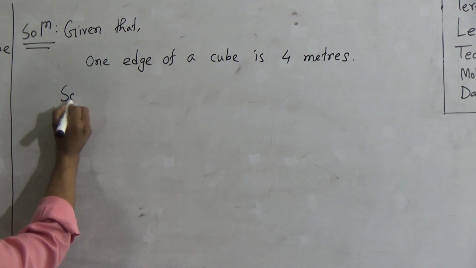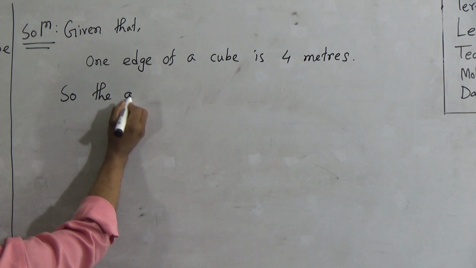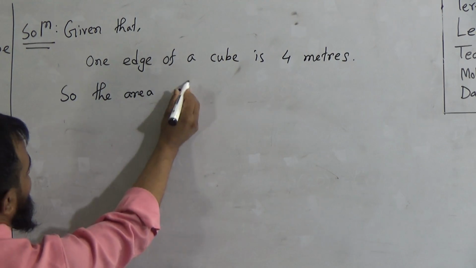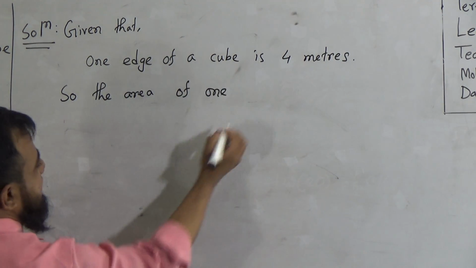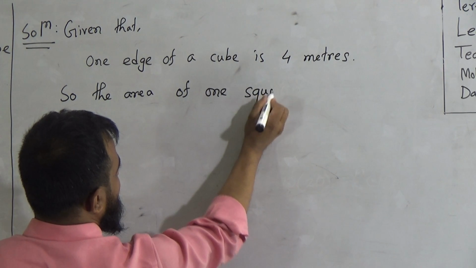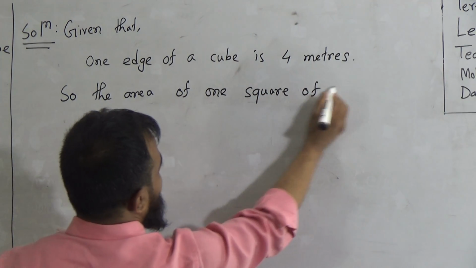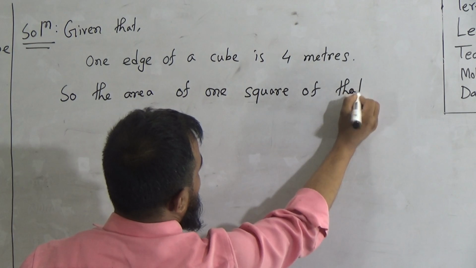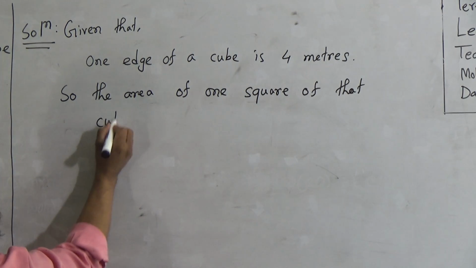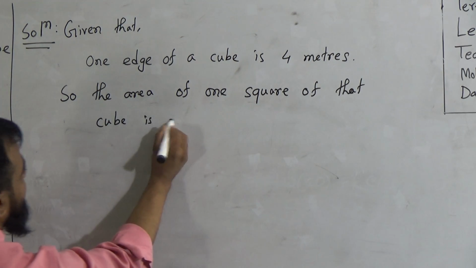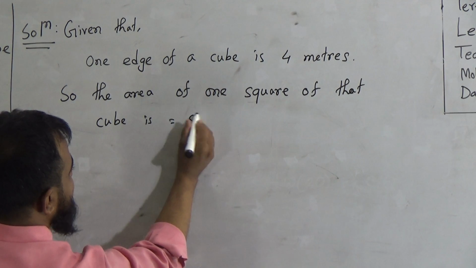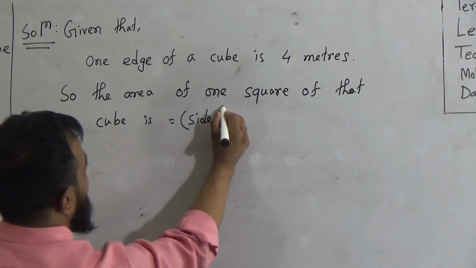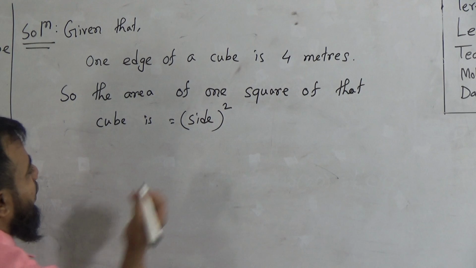One edge of a cube is 4 meters. So the area of one square of that cube is equal to what? Equal to side square, or you can write edge square. Okay, what is the side here?